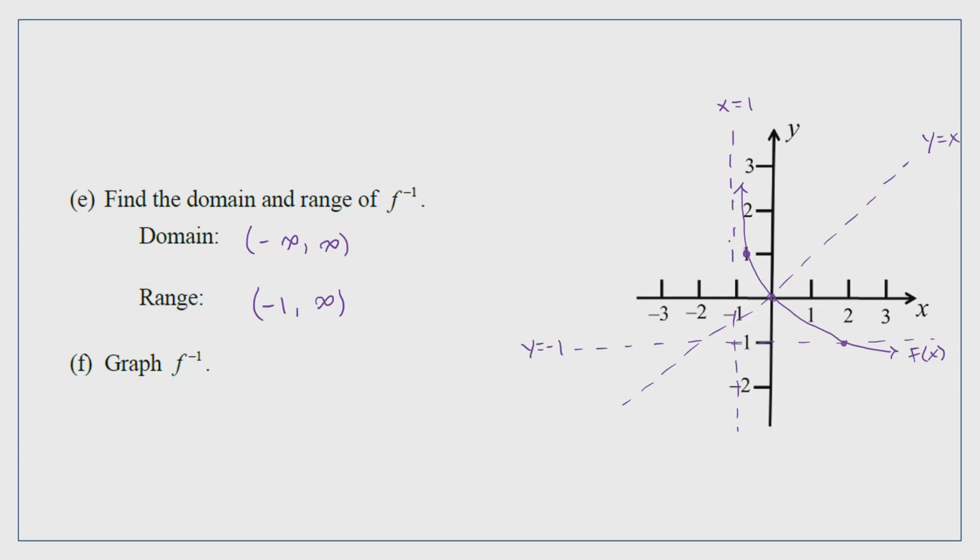Now our point 1 divided by e minus 1, 1 is now going to be negative 1, 1 divided by e minus 1. So that's going to be right here and right here.